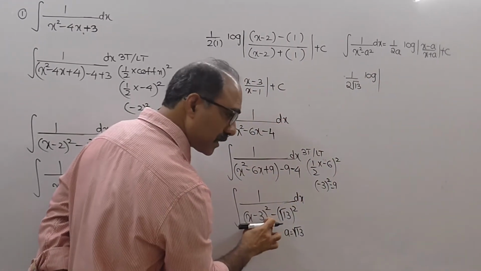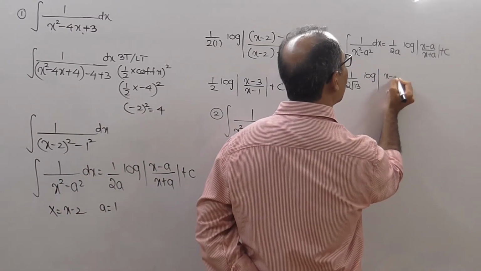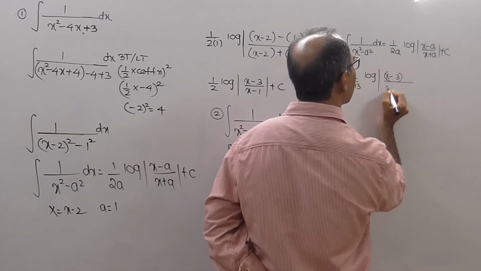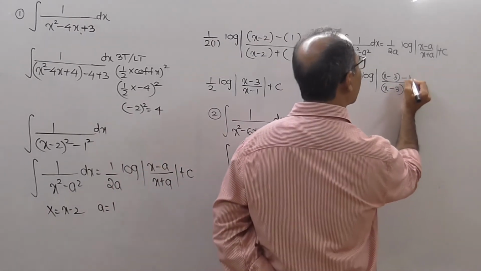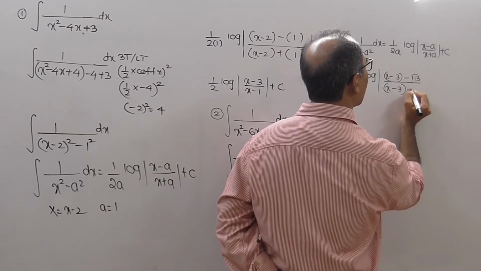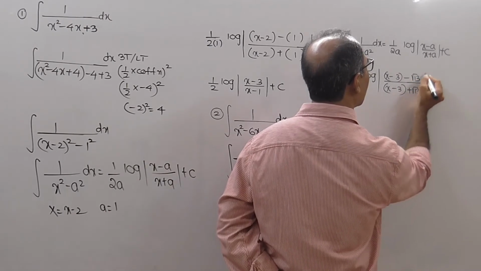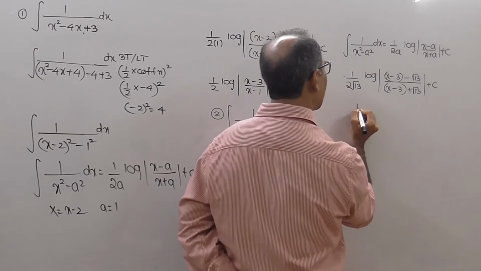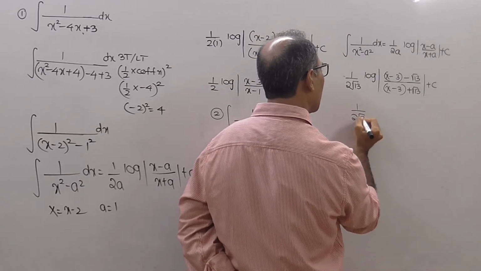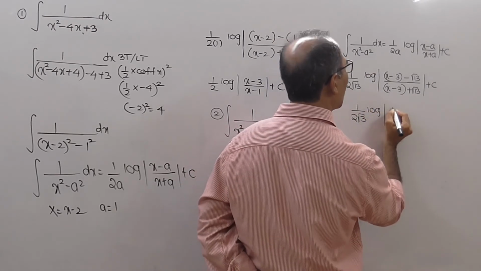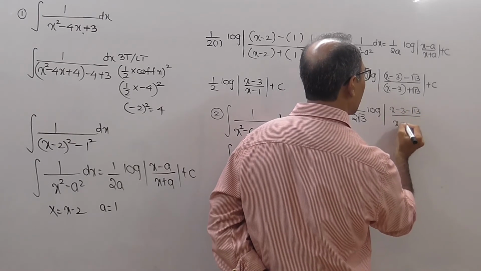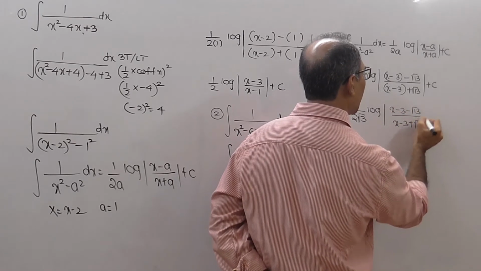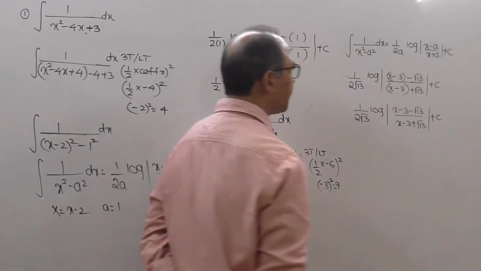X is not x, x is x minus 3. A is root 13. Plus c, that is 1 upon 2 root 13 log modulus (x minus 3 minus root 13) upon (x minus 3 plus root 13) plus c.